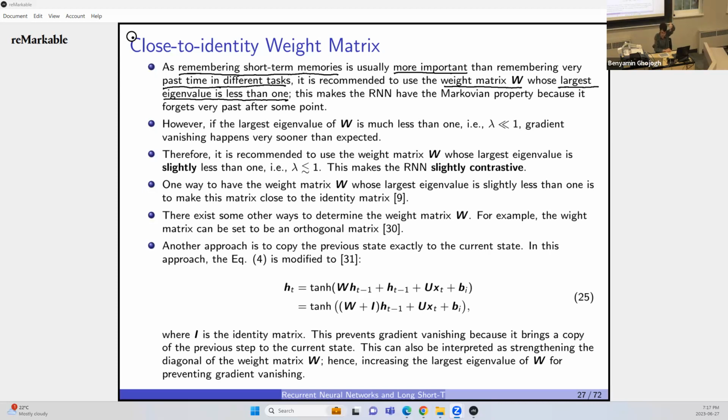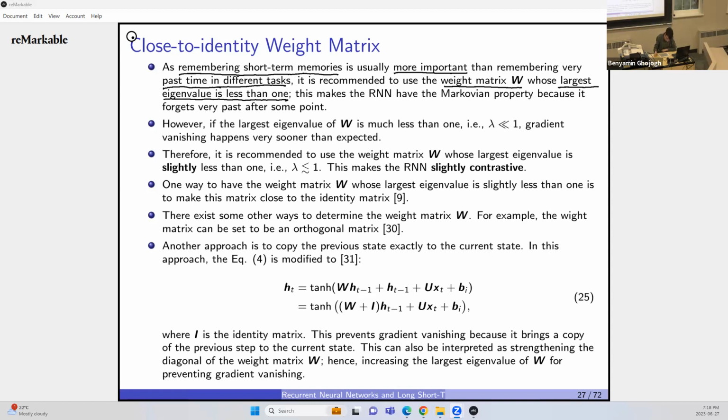They are more important, so it should be less than 1. However, it shouldn't be too much less than 1. If the largest eigenvalue of W is too much less than 1, then we completely forget the long time ago very soon, okay? So it should be a bit less than 1 in order to not forget the long time ago, but also remember the short term, not to be dominated by the long time ago, right?